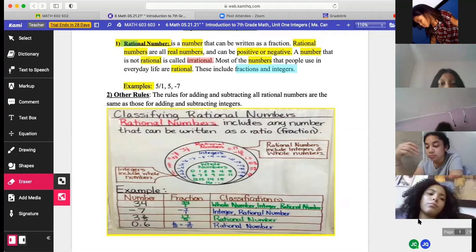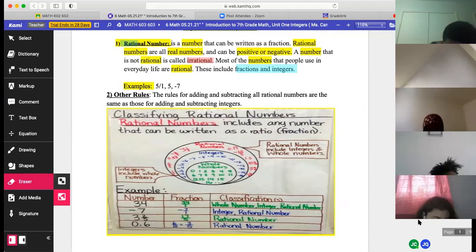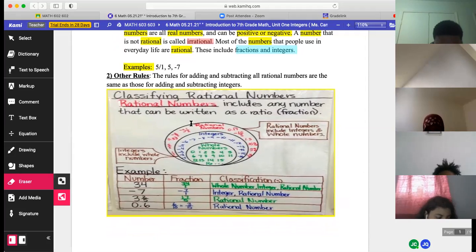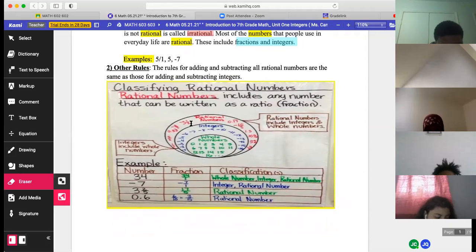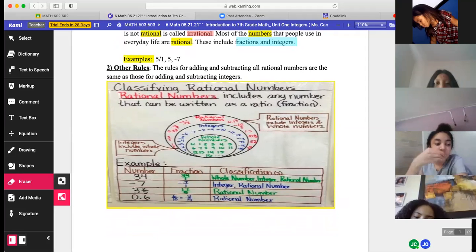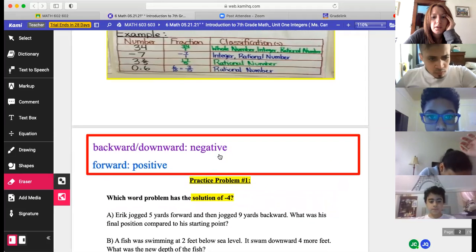A number that is not rational is called irrational. Most of the numbers that people use in everyday life are rational. These include fractions and integers. Examples. 2. Other rules. The rules for the addition and subtraction of rational numbers are the same as those for addition and subtraction of integers.